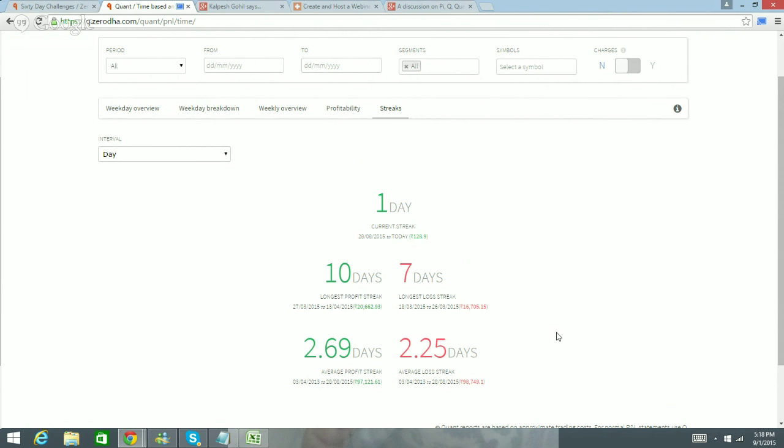All those people who keep searching for the holy grail of trading, it's not there. It's all about money management. So streaks are a good way to see where you are as part of the streak.